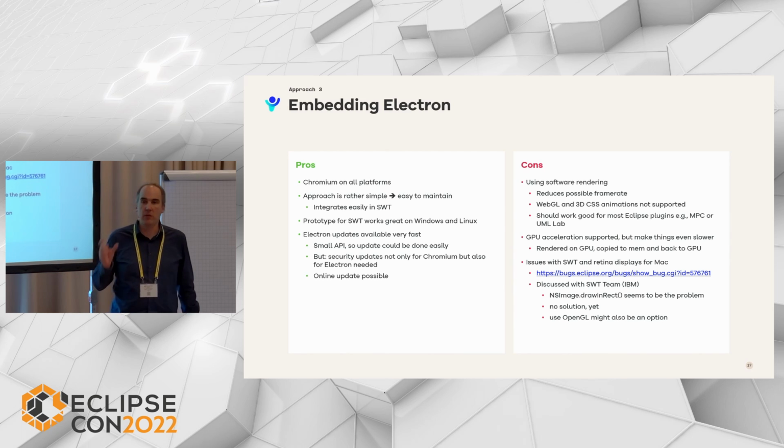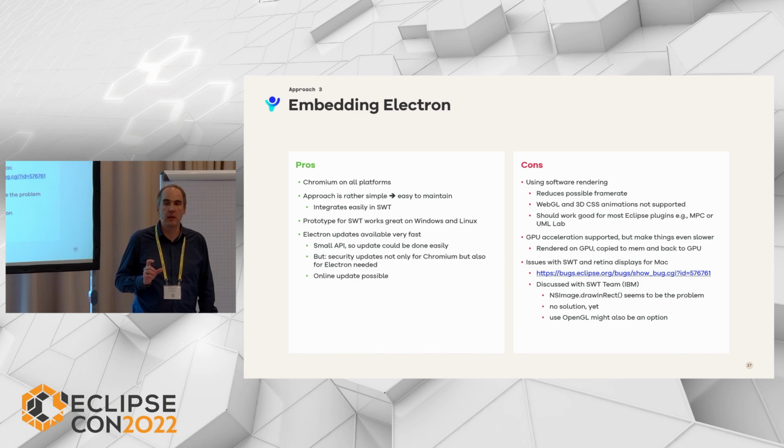But since we have a really small API, you have just seen it, it's just sending these events, the paint event and keystroke events back and forth. Since we have only the small API, it should be very easy to update the Electron. At least in the past, it was quite simple to always have the latest libchromium and the latest Electron here.